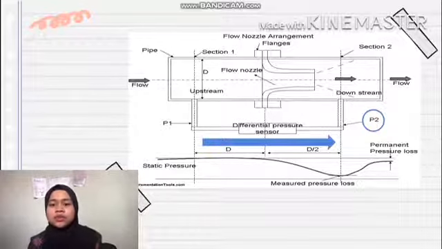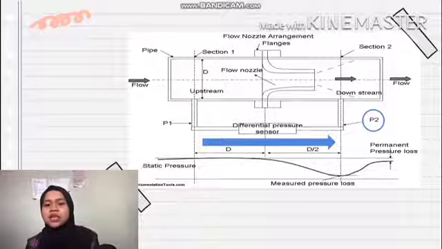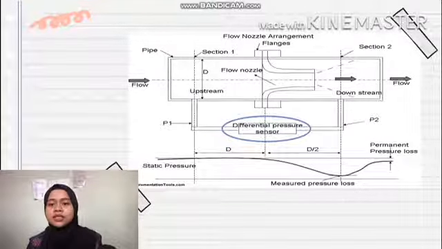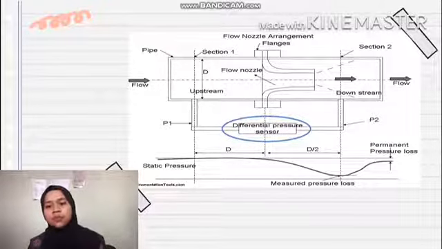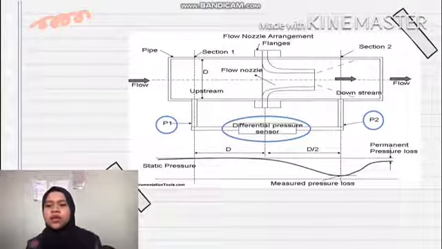The throat of the nozzle is maintained in the fluid for a small length after being discharged downstream also. Third, there is a differential pressure sensor attached between point 1 and point 2 to record the pressure difference between these two points.